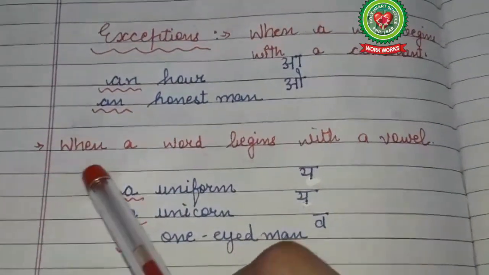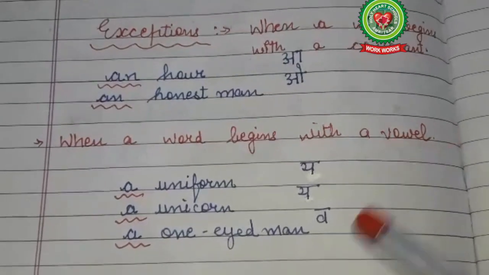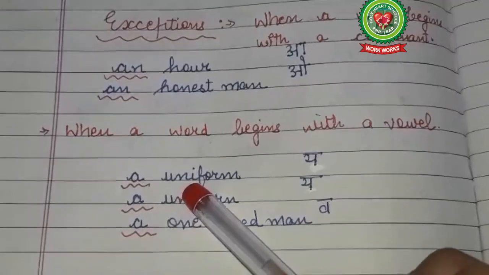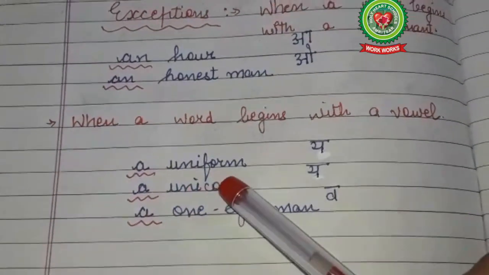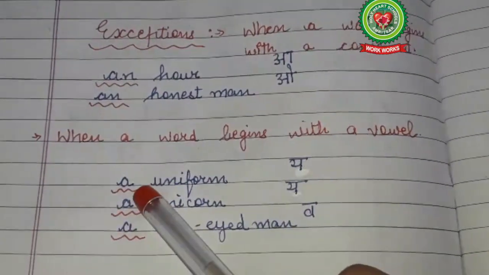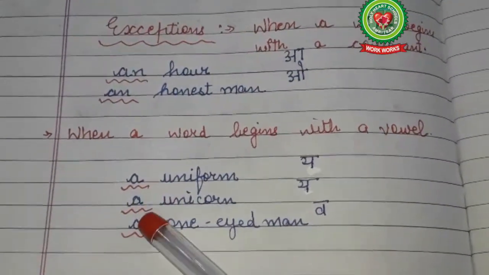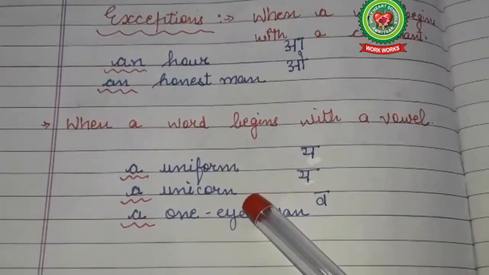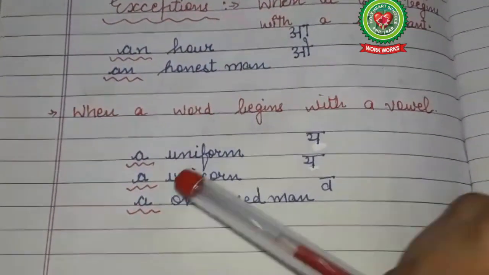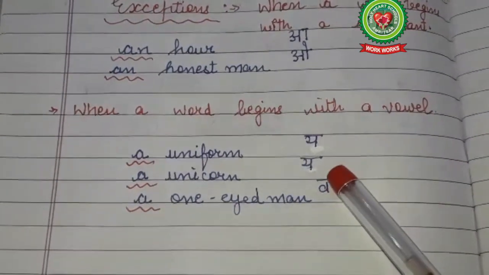Number 2, when a word begins with a vowel. A uniform. Here the word uniform is starting with the vowel U. It is giving the y sound, that is a consonant sound. So here we will use the article a. A unicorn. Here also the word unicorn is starting with the vowel U, but it is giving the consonant sound yu.